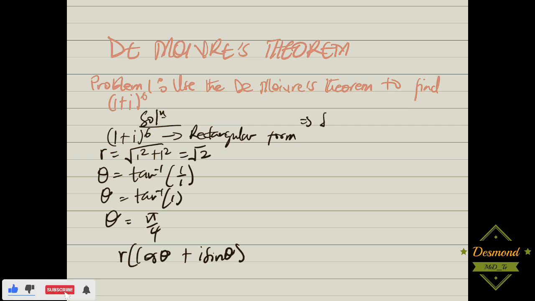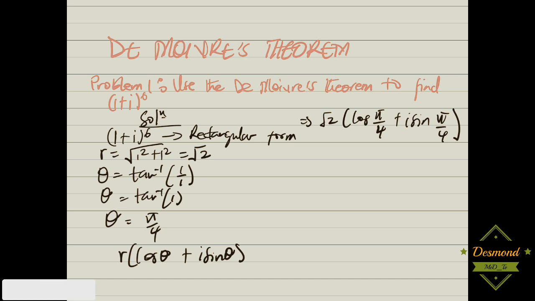We should get root 2 multiplied by (cos pi on 4 + i sin pi on 4). So the theta is pi on 4. Now this is the polar form of the complex number.